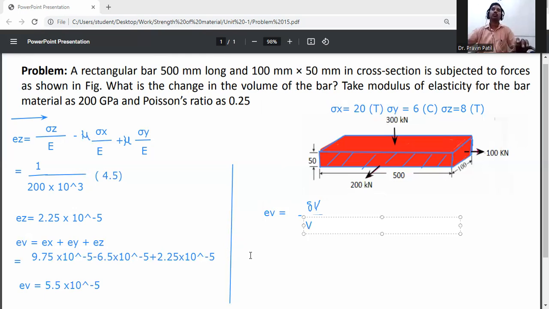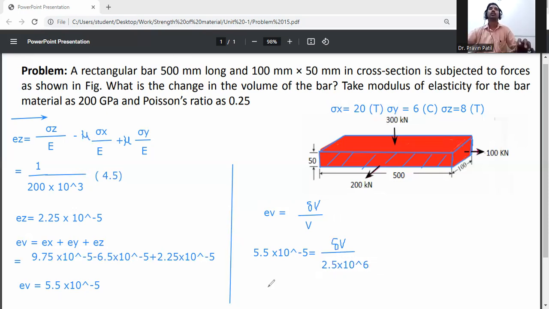Okay. So Ev we know is 5.5 into 10 raised to the power minus 5, equal to delta V divided by volume. How much is the total volume we calculated? It is 500 into 100 into 50, which will be 2.5 into 10 raised to the power 6 mm cube.